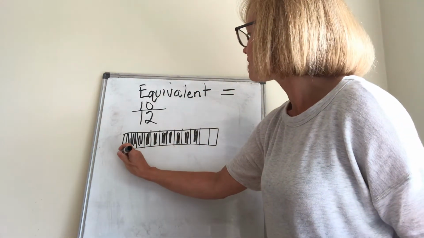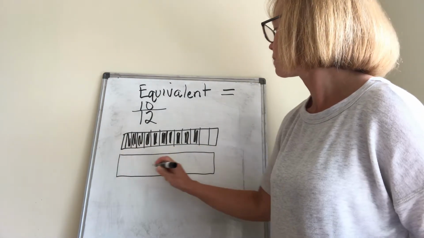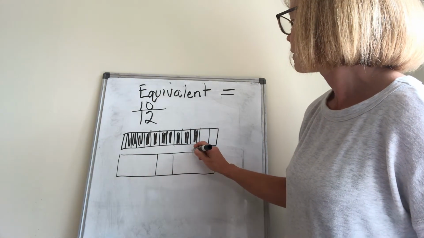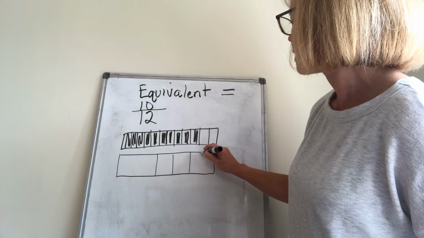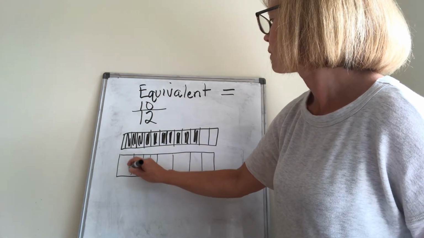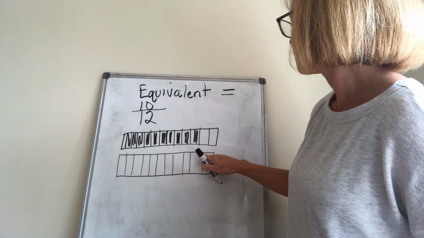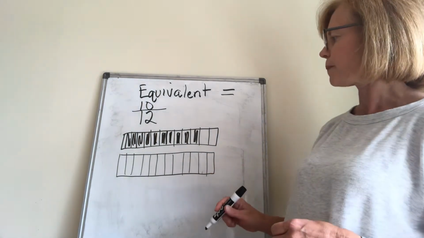So let's see if I can make the same size shape. I'm going to divide this shape into the same amounts here. Okay.